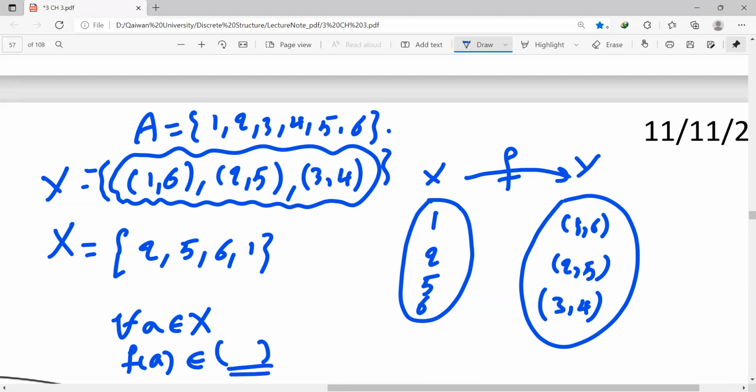I mean a belongs to one of the pairs. f of a equals one of the pairs where a belongs to the pair.